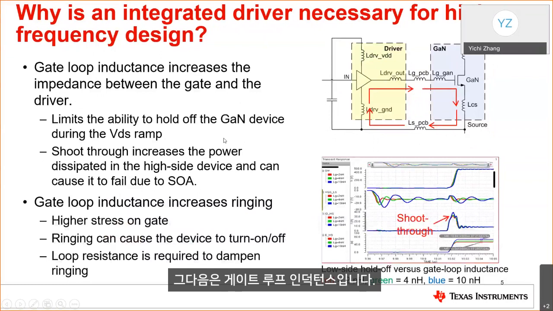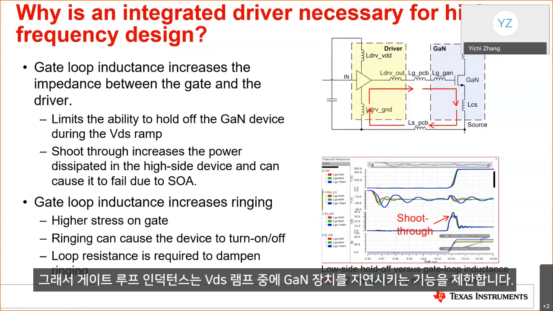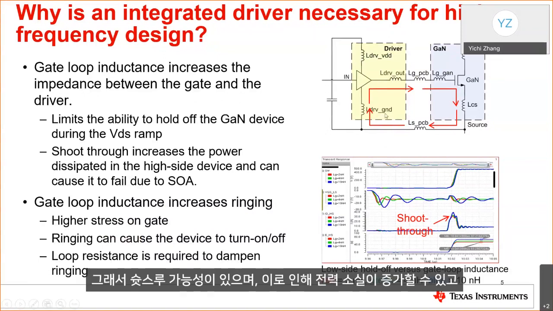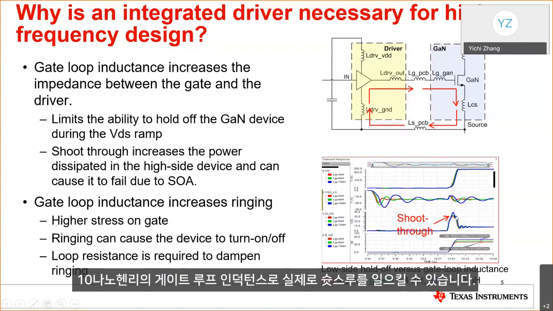And next one is the gate loop inductance. All the previous labels 1 through 6 are included in the gate loop inductance. Firstly, it limits the ability to hold off the GaN device during the VDS ramp, and there are chances of shoot-through, which can increase the power dissipation, and can also cause failure due to SOA issues. On the right, you can see a simulation plot with 10 nanohenry of gate loop inductance.